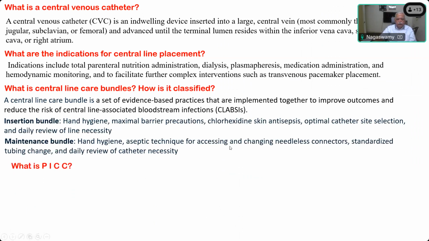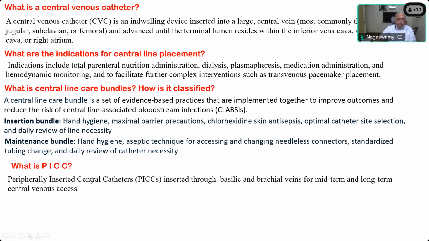And what is PICC, which you mentioned? It is the peripherally inserted central catheter, inserted through the basilic or brachial veins. The purpose of this is mid-term and long-term central venous access. Okay. Why is IJV the most preferred site for central venous access? This question she has already answered.